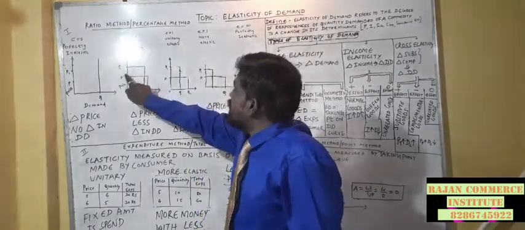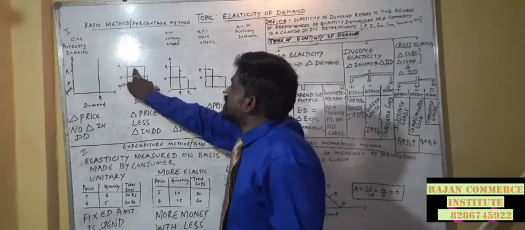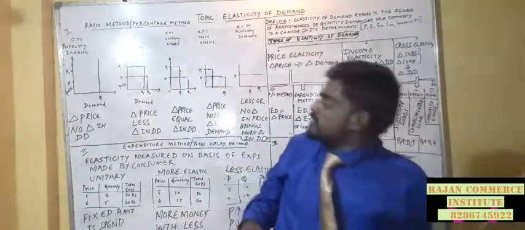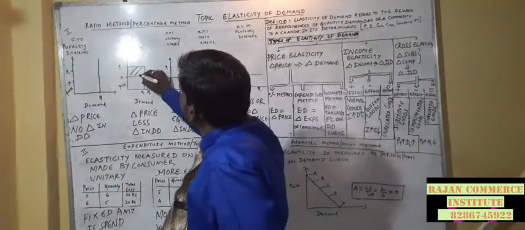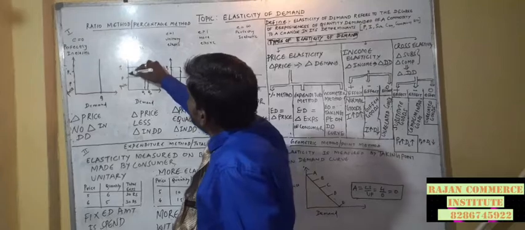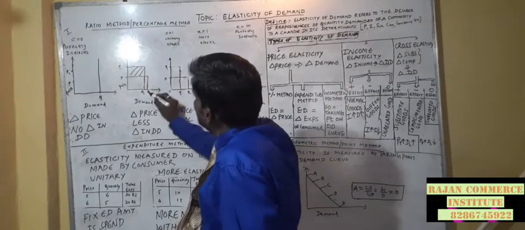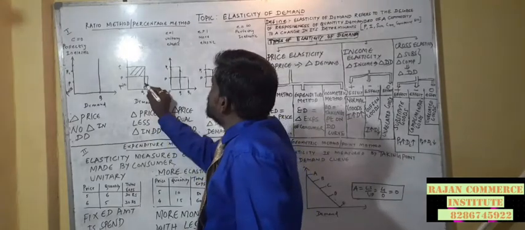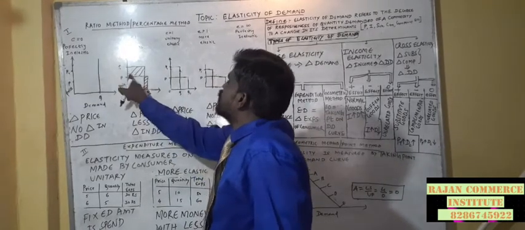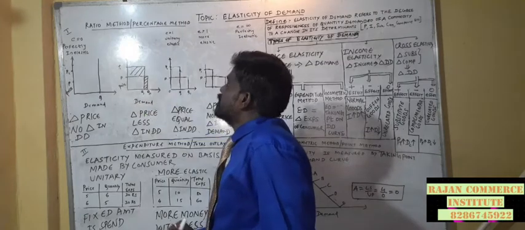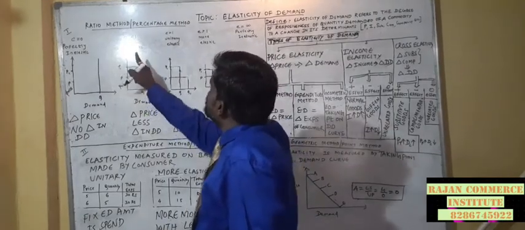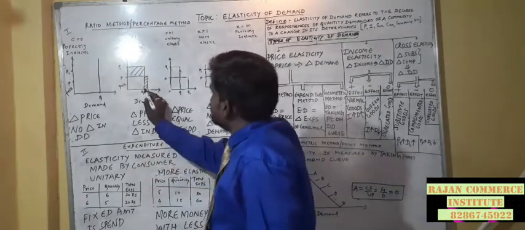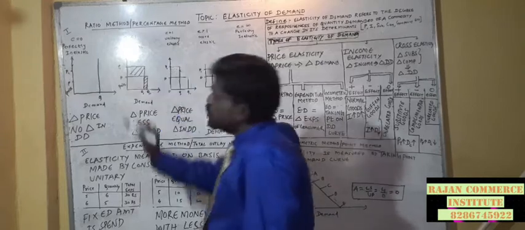Here you can see the demand from Q to Q1 is very less compared to the rise in the price. That's why the elasticity of demand is less compared to the change in the price.